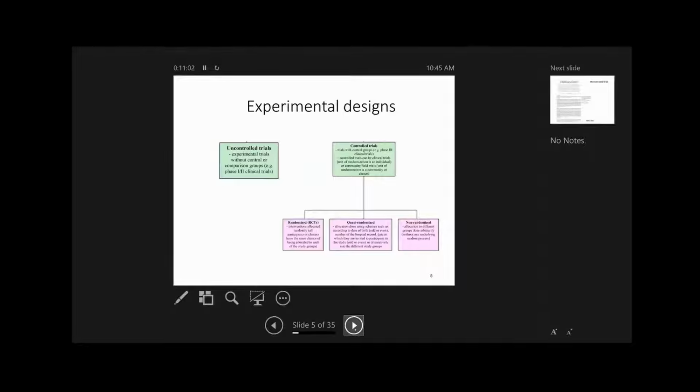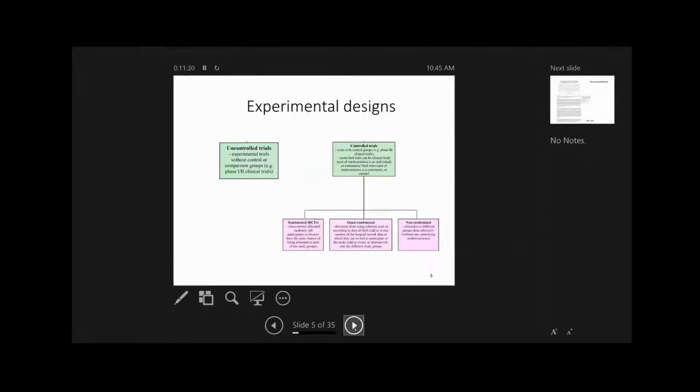But then you should ask me, why on earth do people still have uncontrolled trials? The answer is you start off with a phase one trial. A phase one trial is primarily for safety. We gave remdesivir to 30 patients and we want to know if they're not dying, right? If terrible things are not happening, that it's safe enough to give. We see some improvements in some metabolic parameters or the virus levels and so on and so forth.